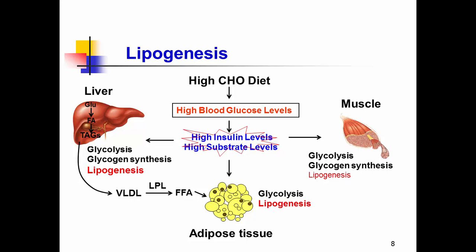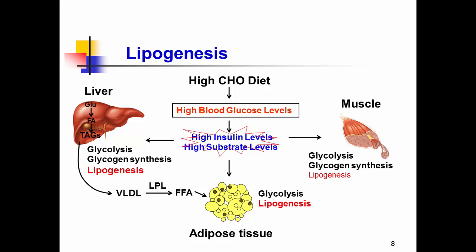So first the triglyceride in VLDL needs to be broken down again into fatty acids, and only then can fatty acids be taken up by the adipose tissue. The enzyme called lipoprotein lipase is a very important enzyme that breaks down triglyceride in VLDL and releases free fatty acids before they can be taken up into the adipose tissue.